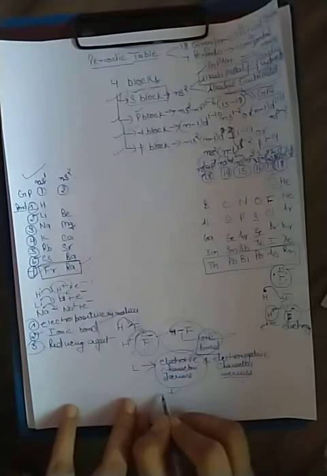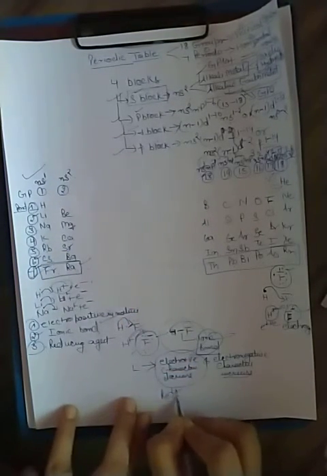The tendency to acquire electrons increases and the tendency to give electrons decreases. So electropositive character decreases, which means reducing character decreases.